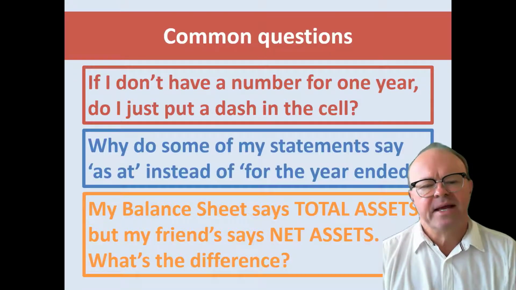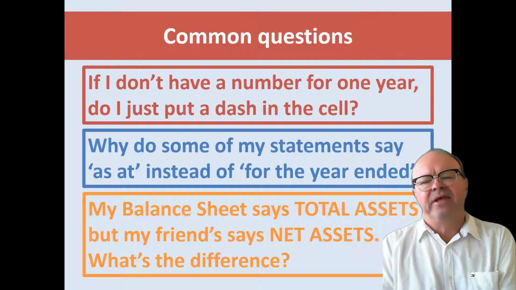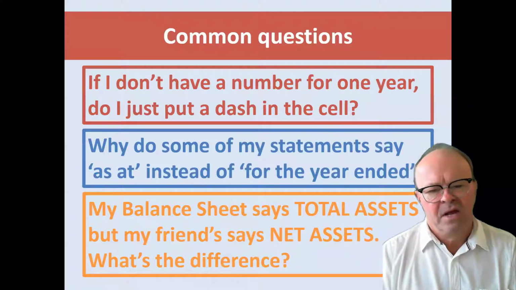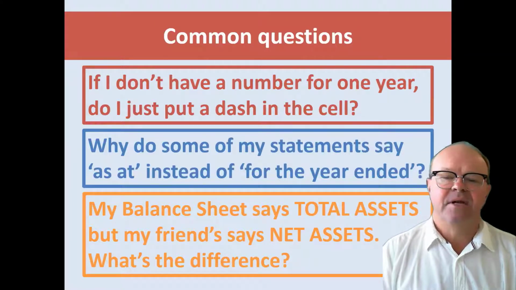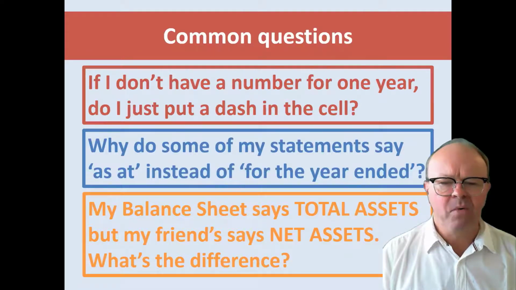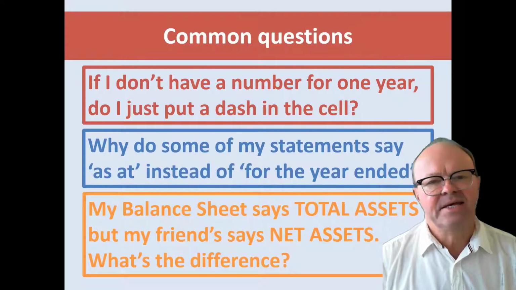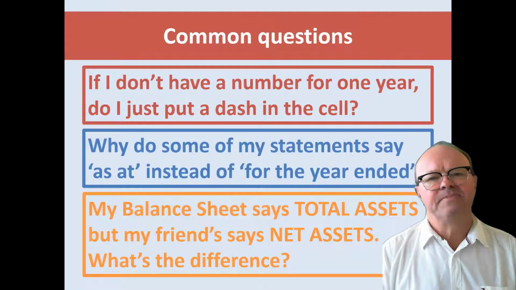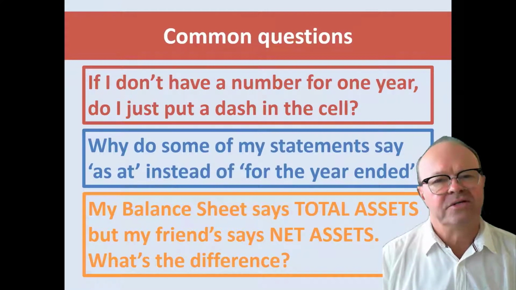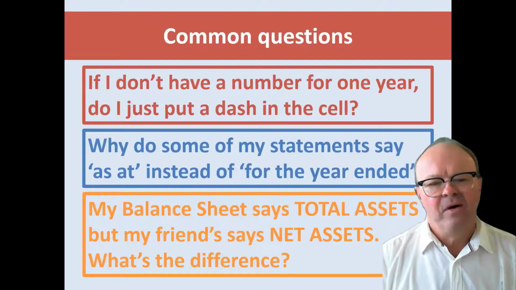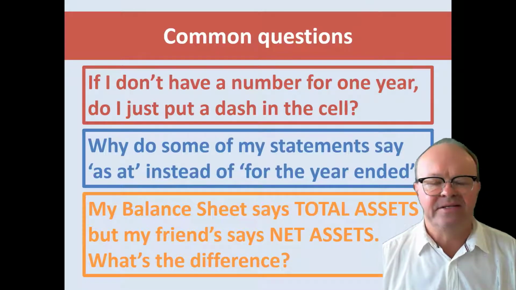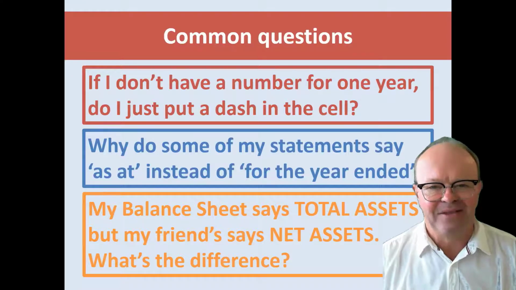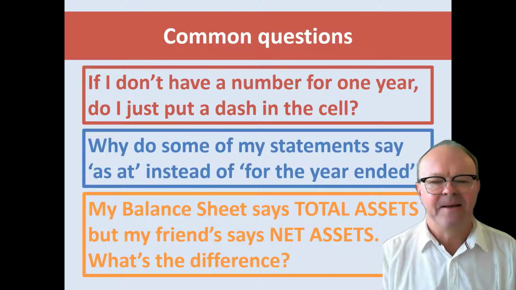Why do some of my statements say as at instead of for the year ended? Now, the statement of changes in equity and the income statement are both for the year ended, therefore a period. But when we come to the balance sheet, it is as at. So Ryman Healthcare's balance sheet is as at the 31st of March. What that means is that each item in the balance sheet is the figure for that item for just 1 day, the 31st of March, whatever year it is.